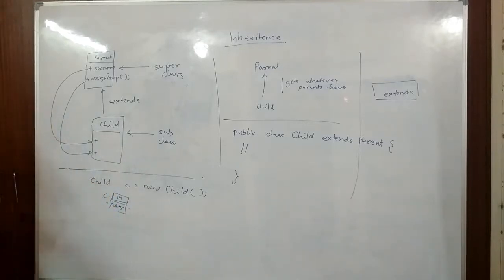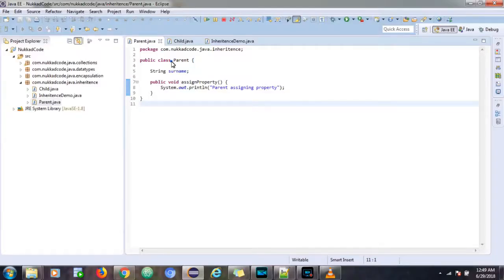Okay, so this is the simple concept of inheritance. So we saw the theory. Now let's see if the parent's members are available to the child or not.